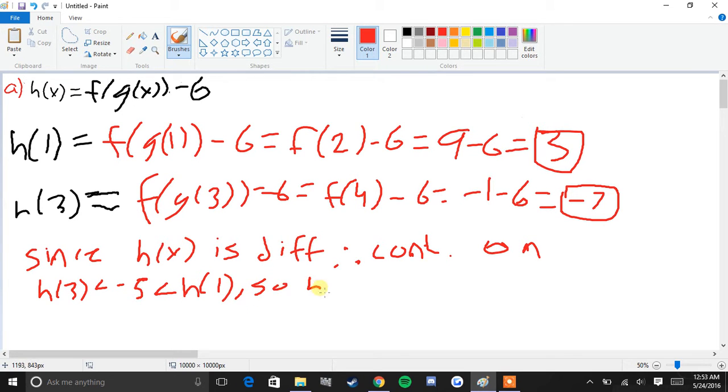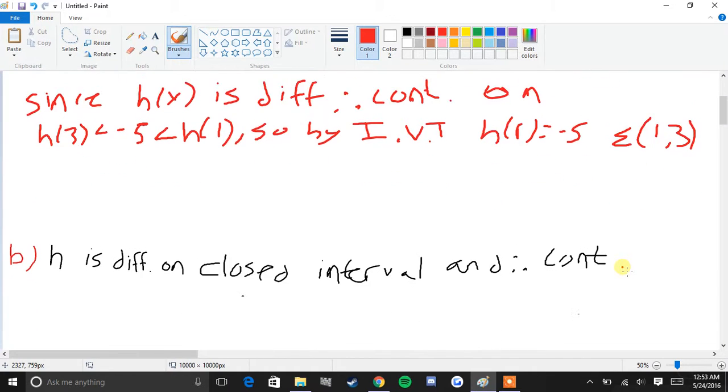So by the intermediate value theorem, h of r equals -5 for some value r between 1 and 3. So this is part A. We're going to go ahead and move on to part B.